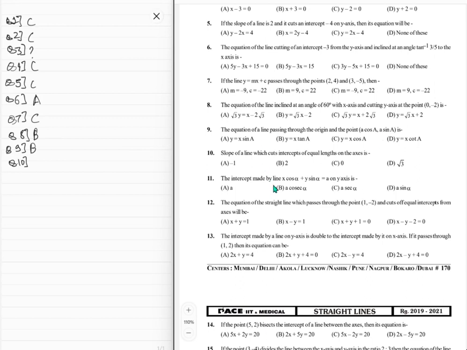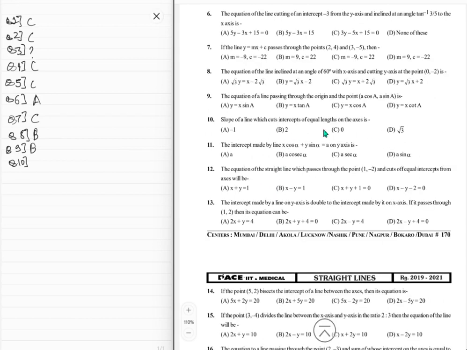Slope of a line which cuts intercepts of equal lengths on the axes, it's -1, right? If the intercepts are of the same signed value, so this is a comma 0, this is 0 comma a, then the slope will be -1.